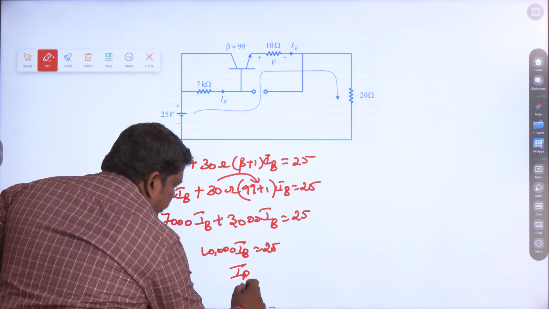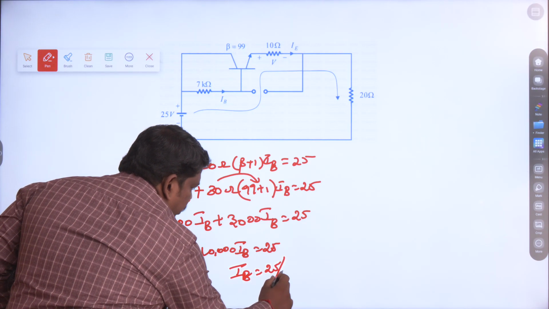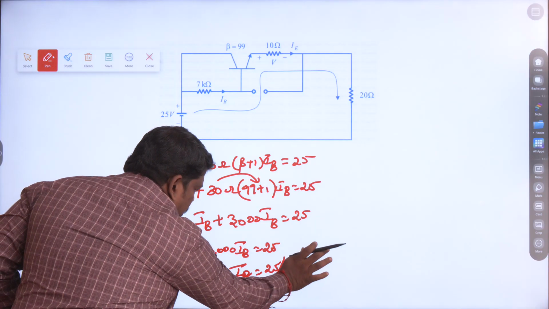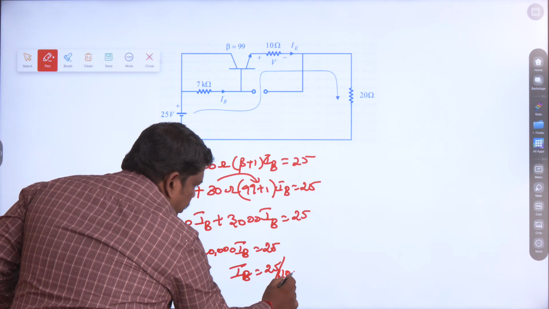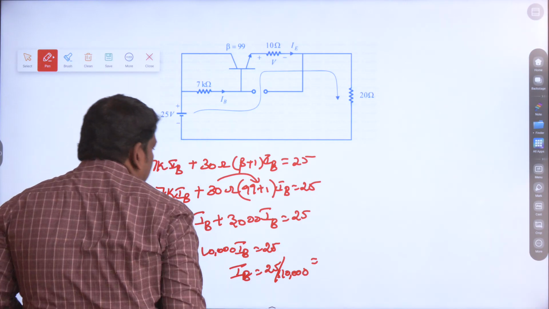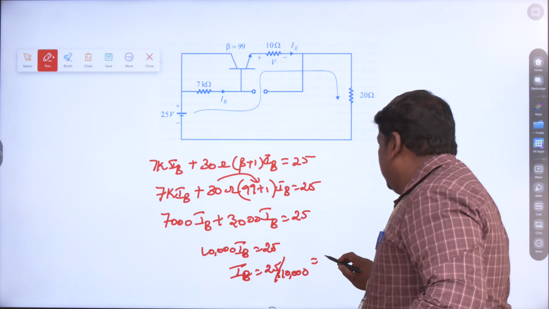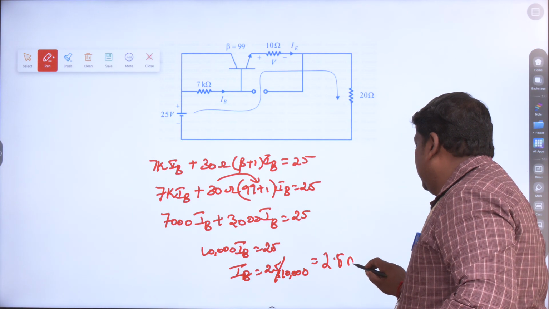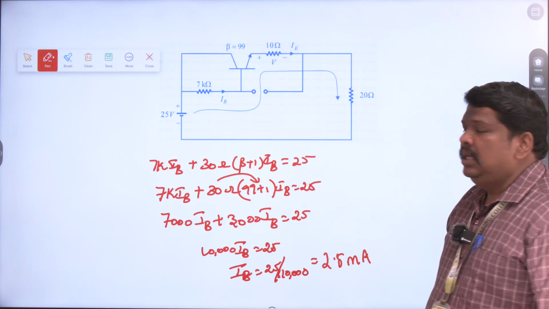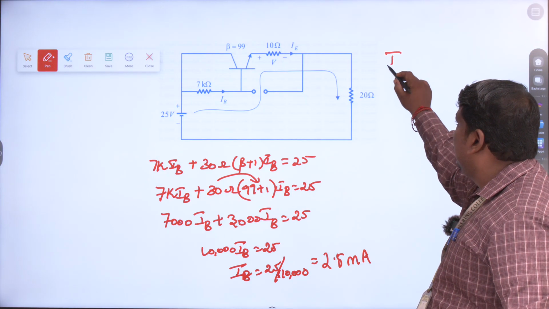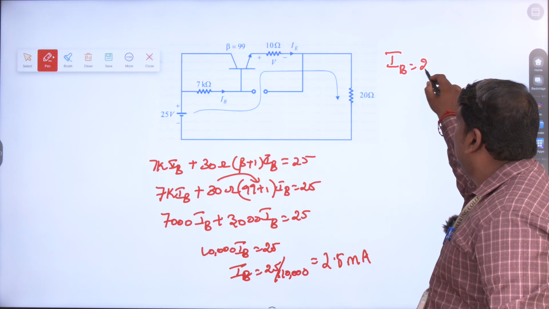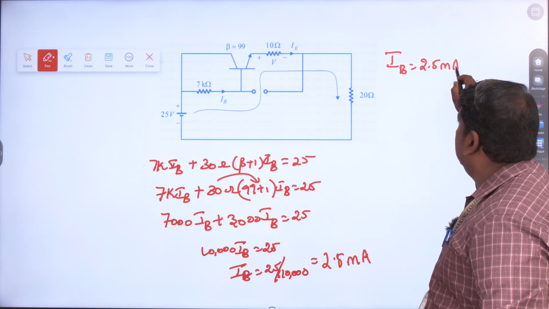The base current IB is equal to 25 divided by 10,000, which gives 2.5 milliamps. The base current we have calculated, IB, is equal to 2.5 milliamps.